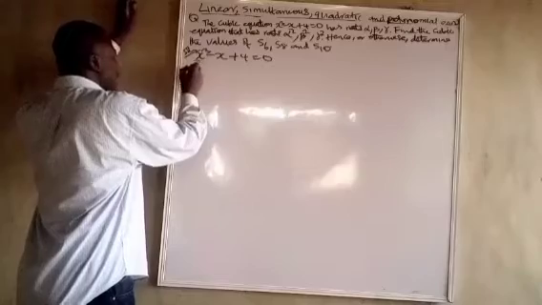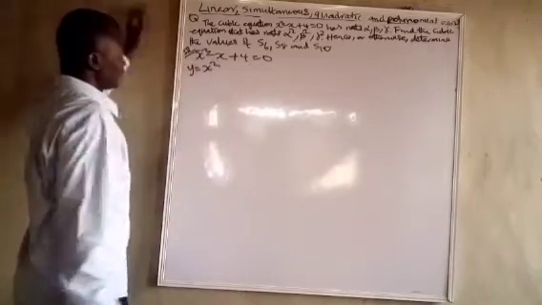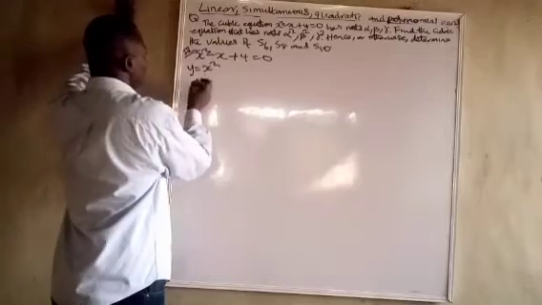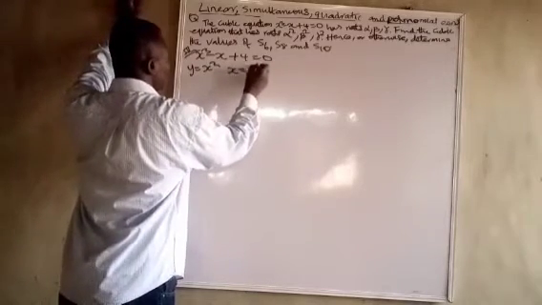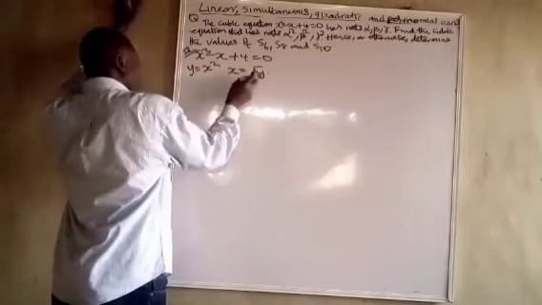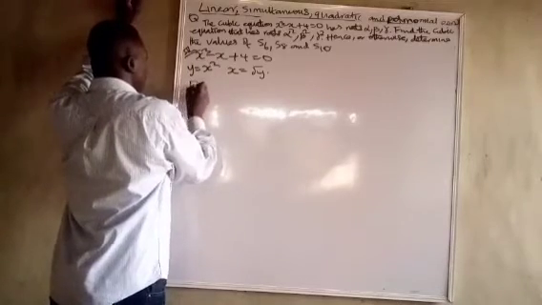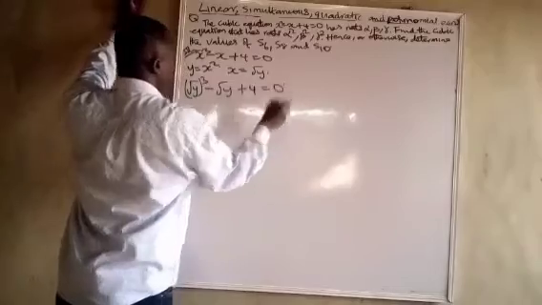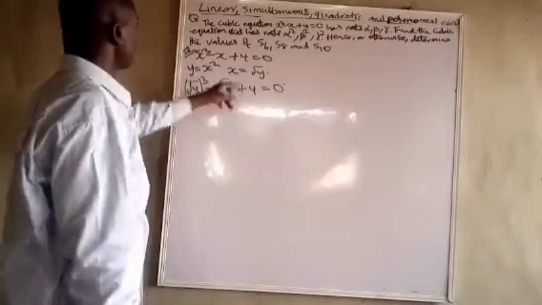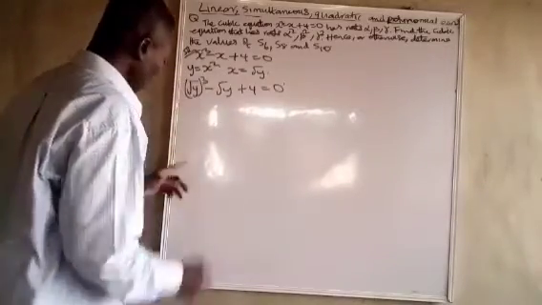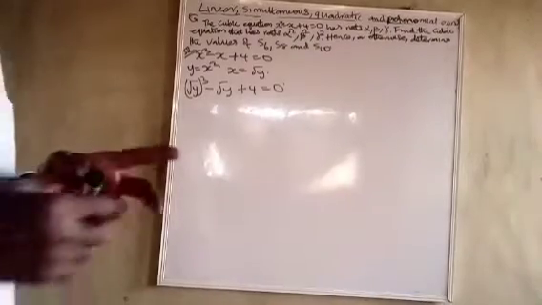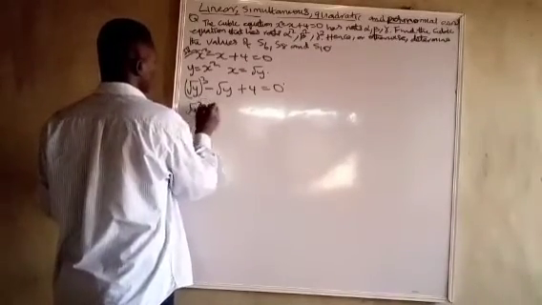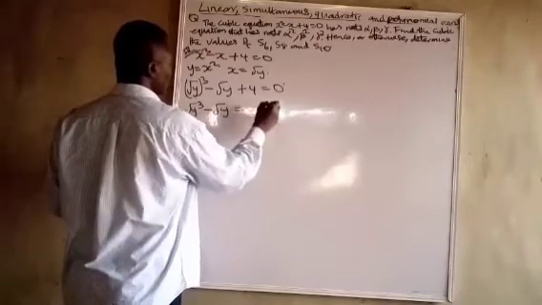And we can say that y equals x squared. So x will be equal to square root of y. So let's substitute root of y for x in the equation. So we have root of y cubed minus root of y plus 4 equals 0. Now let me make this minus root of y equal to minus 4.